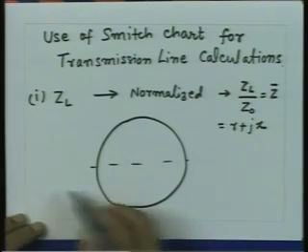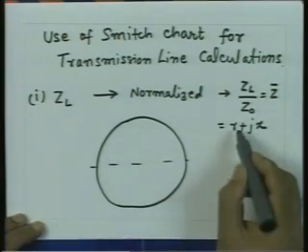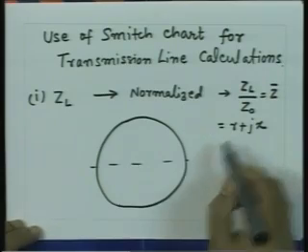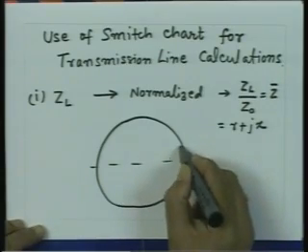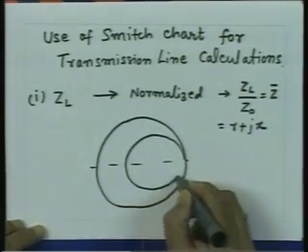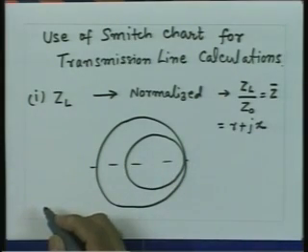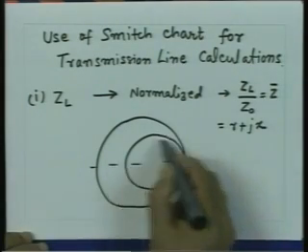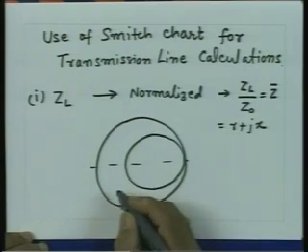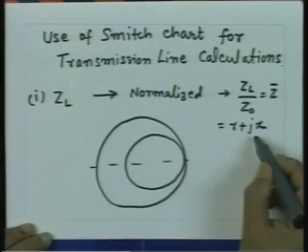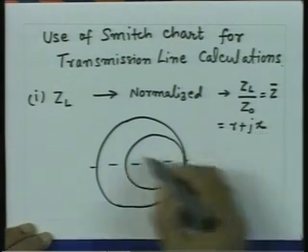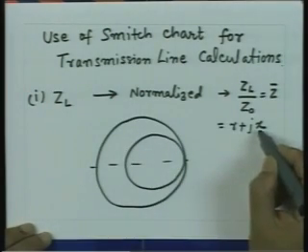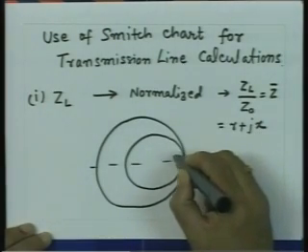First, identify the constant resistance circle which has this value R. Let us say that circle is this circle, for which the resistance value is R. Then identify the circle for which the reactance value is this X, which will be, let us say, this one.